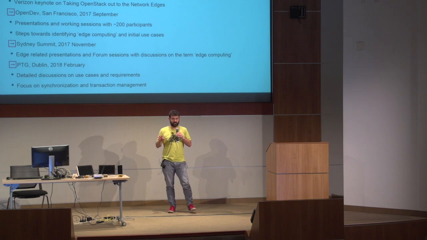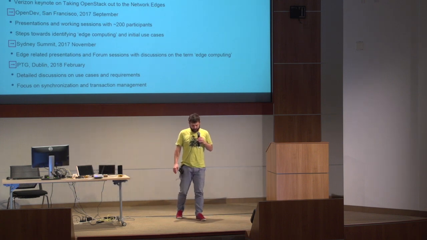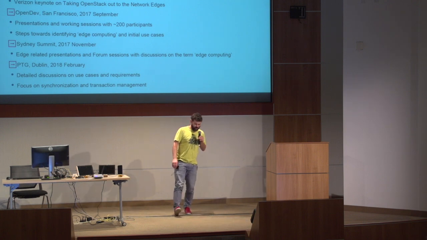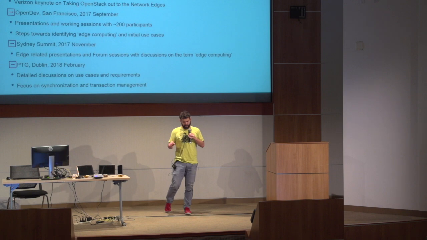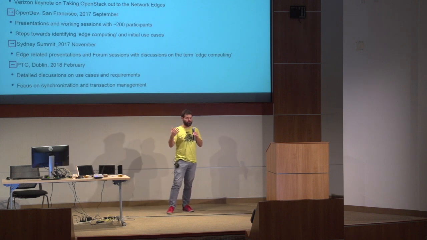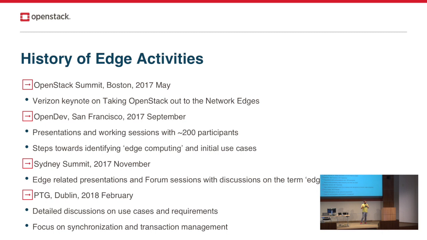There, some people started to think about a white paper about edge cloud infrastructures, and they created a white paper which describes how an edge cloud infrastructure should be built up and what problems an edge cloud infrastructure should solve. This white paper is accessible from the OpenStack Foundation's web pages.